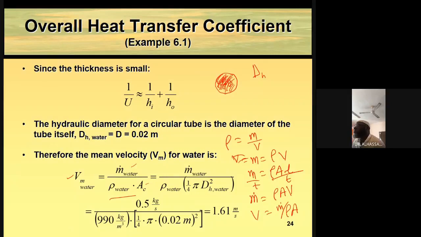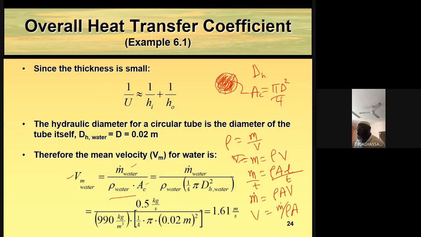You understand? If you want to find the portion of the pipe that is covered by the fluid, it is this surface area, and that's the area of a circle. The area of a circle is pi d squared divided by 4.